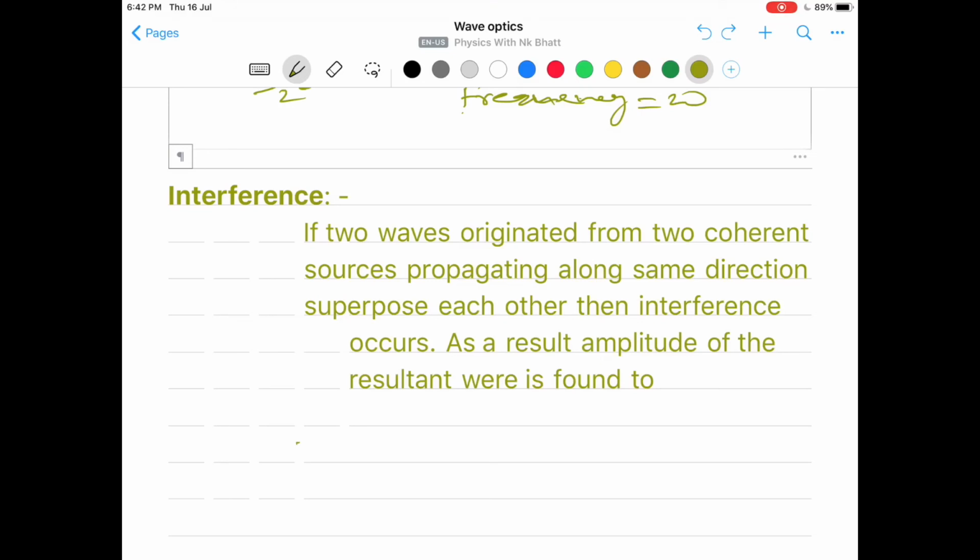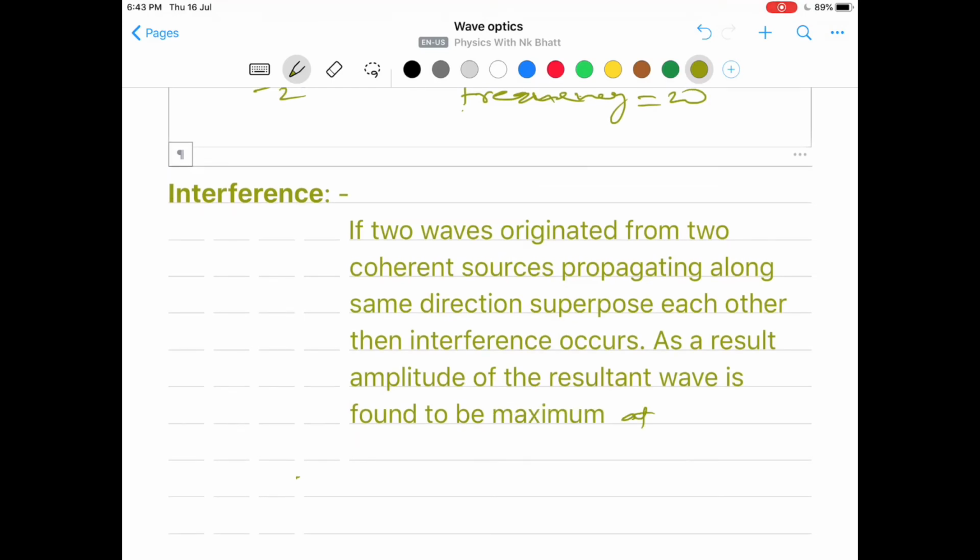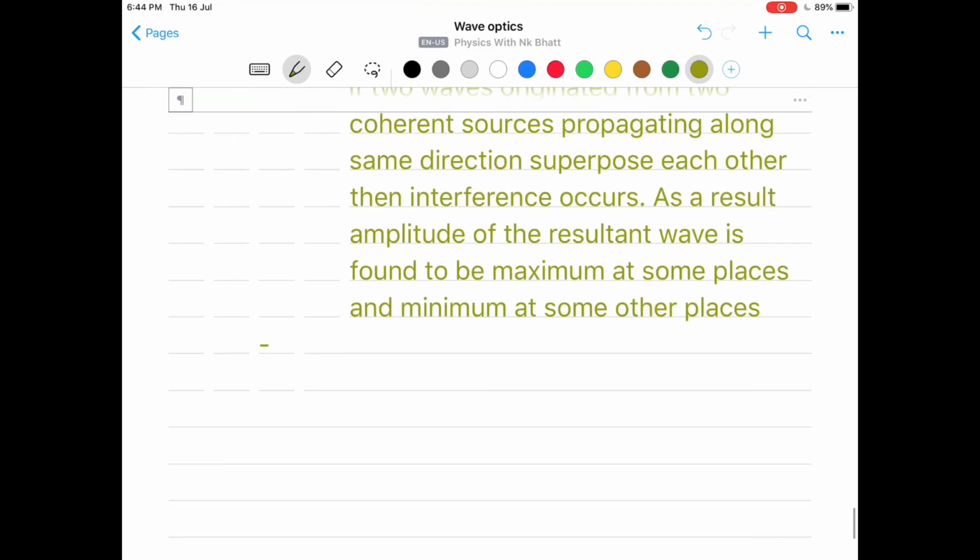As a result, the amplitude of the resultant wave is found to be maximum at some places and minimum at some other places. So this phenomenon is known as interference.